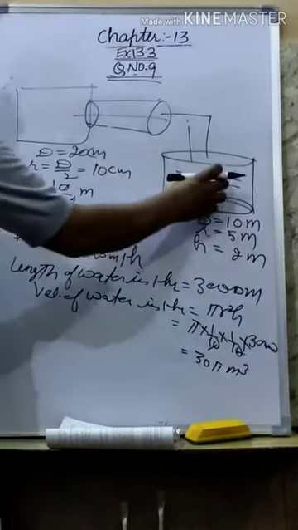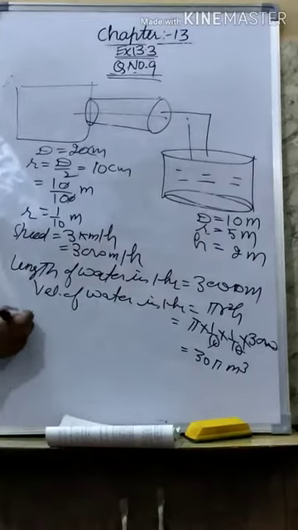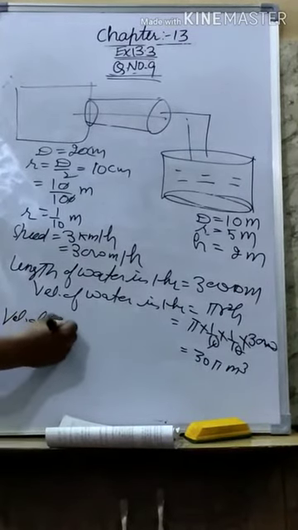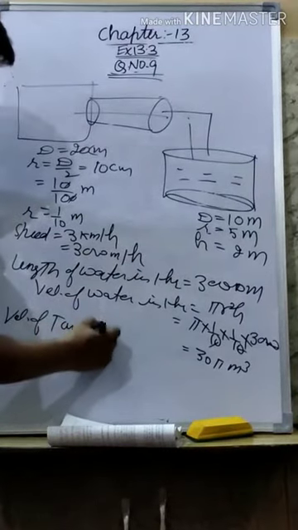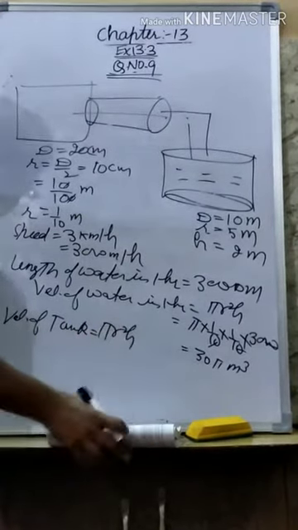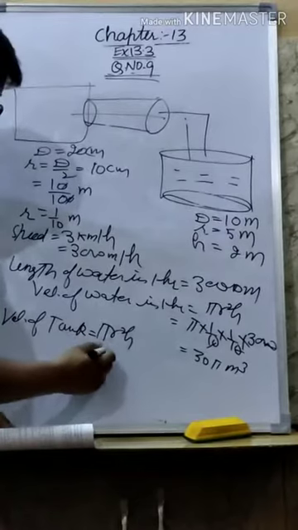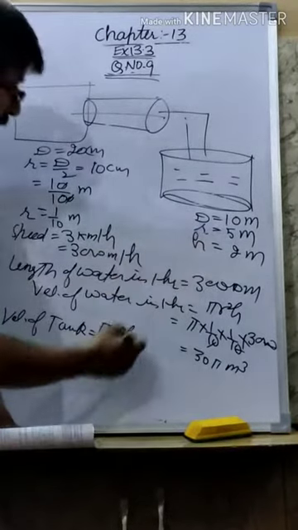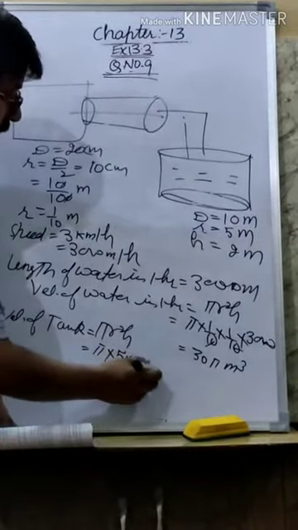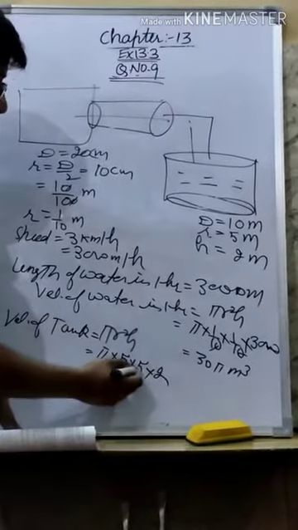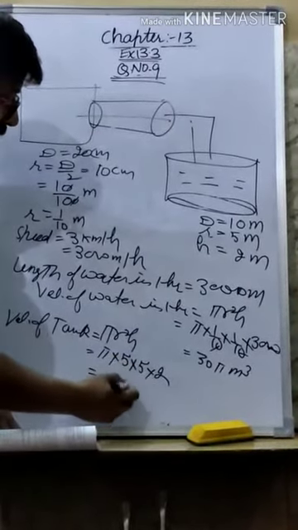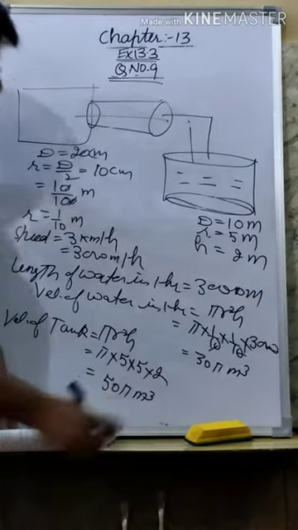So now, what is the volume of the tank? The tank is also in cylindrical shape. So my dear students, you see this is pi, radius is 5 into 5, and the depth of this tank is 2, so 25 into 2, that is 50 pi meter cube.